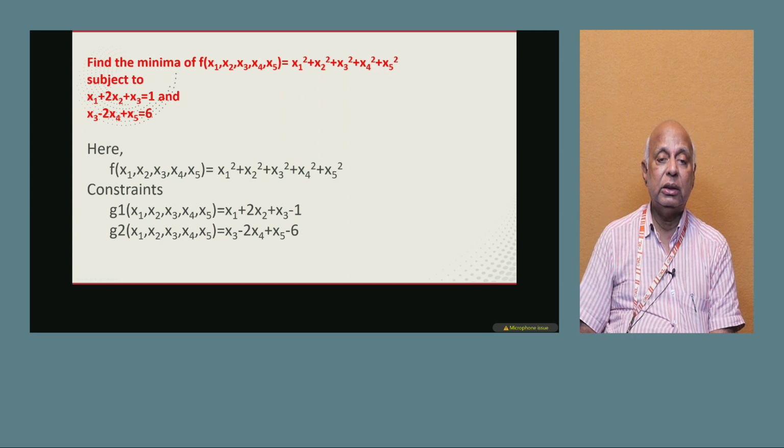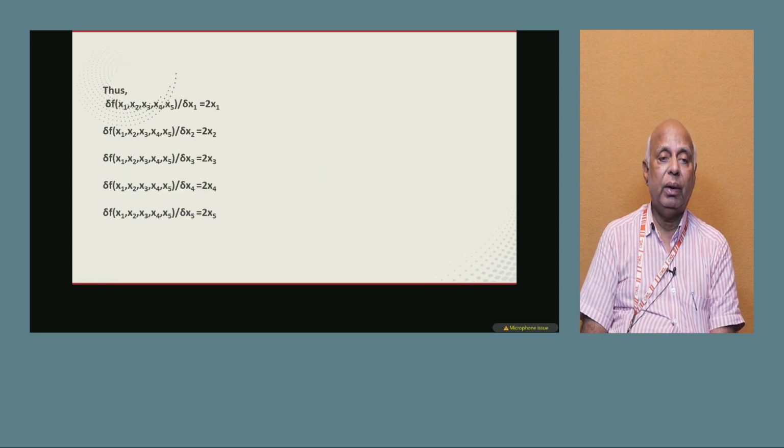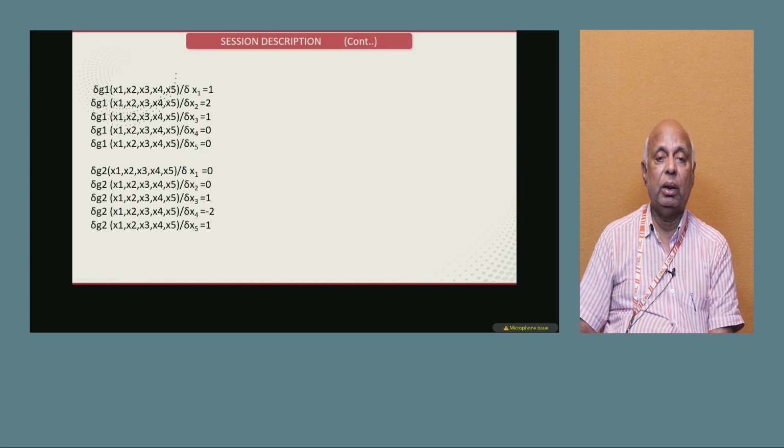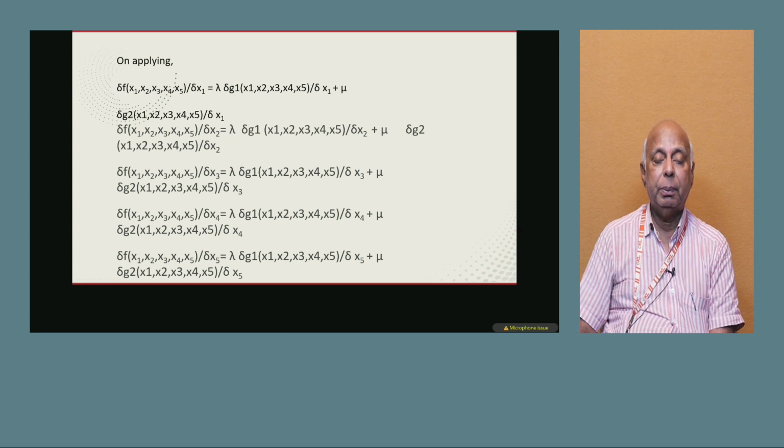The original function is called f and the constraints are called g1 and g2. So as usual, we find the partial derivatives of f with respect to x1, x2, x3, x4 and x5. And similarly, we apply the conditions, the partial derivatives of g1 and g2 with respect to x1, x2, x3, x4 and x5. And we apply the same conditions just like the previous one.